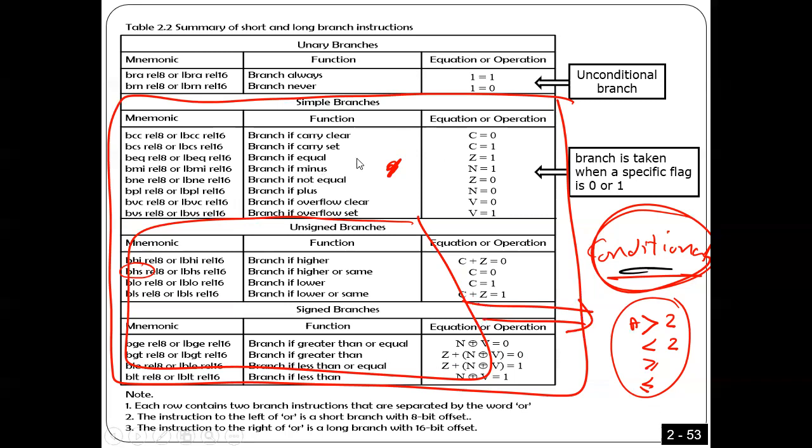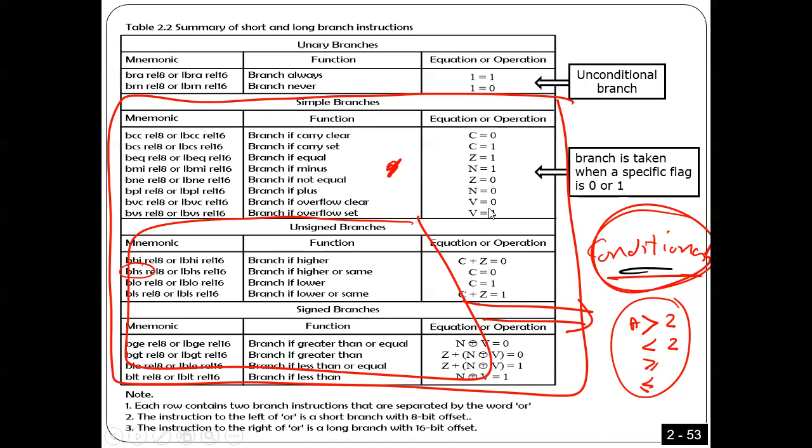But these instructions, as I'm going to teach, are used when sometimes you want to jump if a certain flag is 1 or 0. That's why if you look here, guys, this one is going to jump if carry is 0. This one is going to jump if carry is 1. This one is going to jump if zero flag is 1, zero flag is 0, negative is 1, negative is 0, overflow flag is 0, overflow flag is 1. Is that okay?